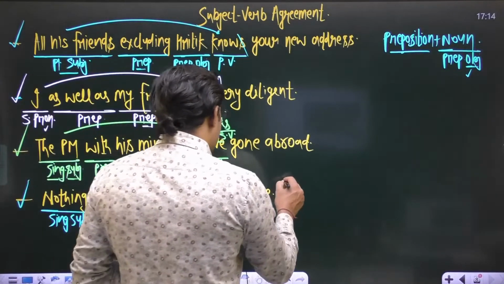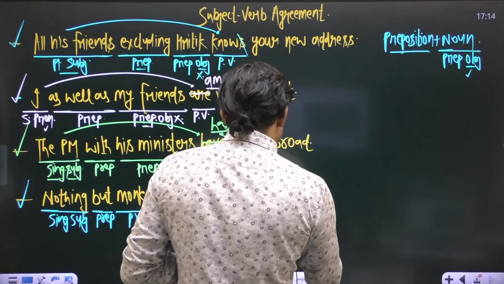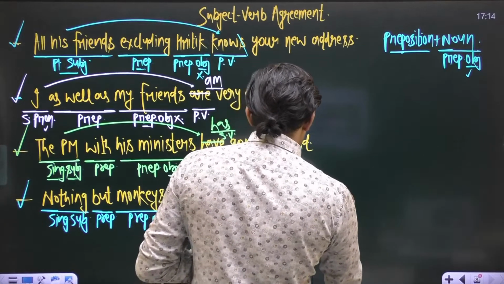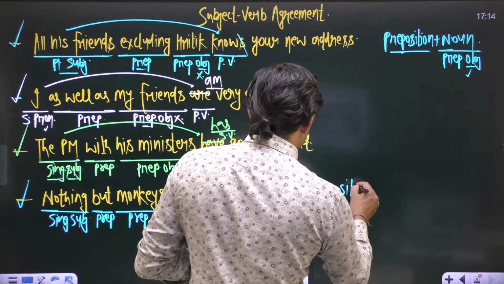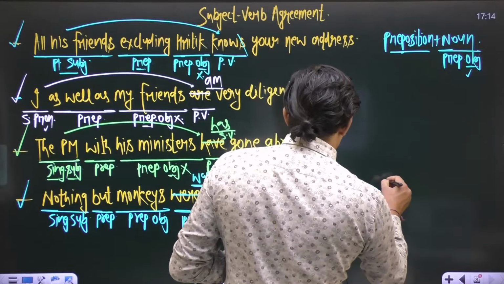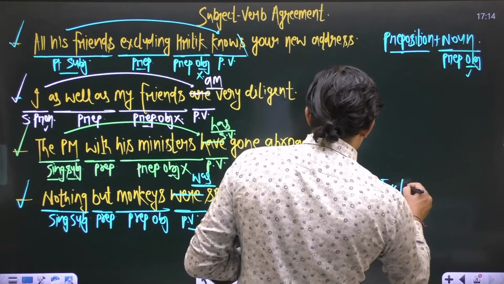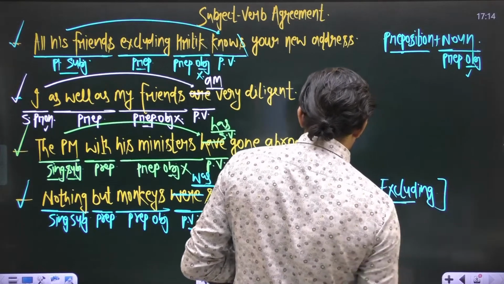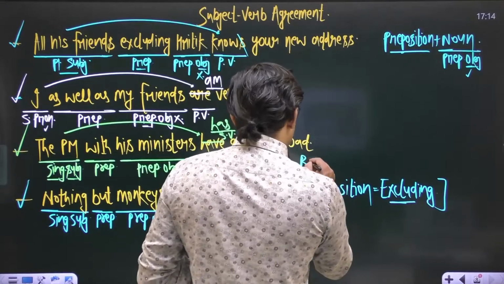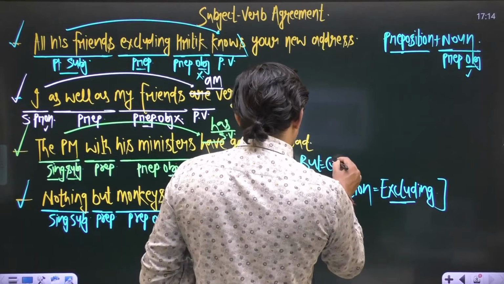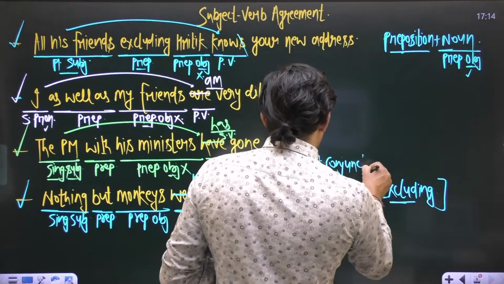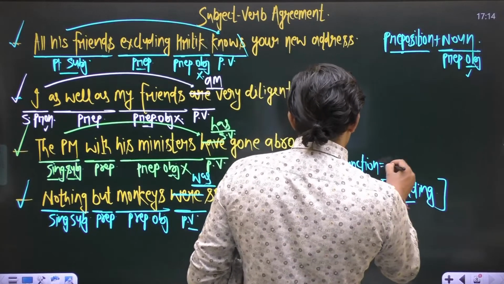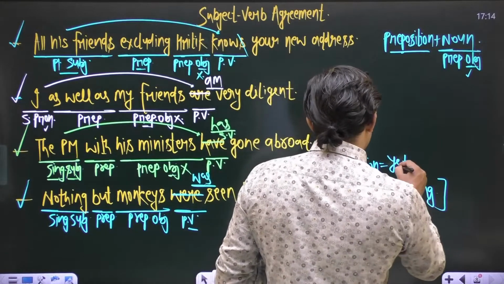And make sure that this word but is a preposition, and whenever the word but is used as a preposition, it denotes excluding. It shows the sense of excluding. But make sure the word but is also a conjunction, and whenever it is used as a conjunction, its meaning is yet.